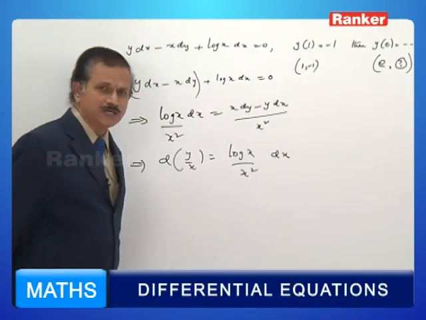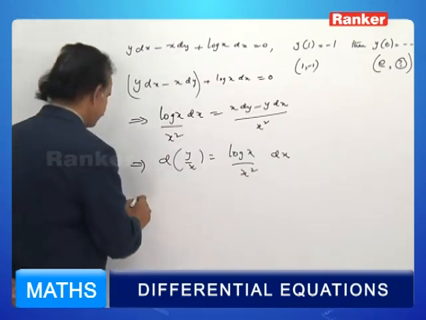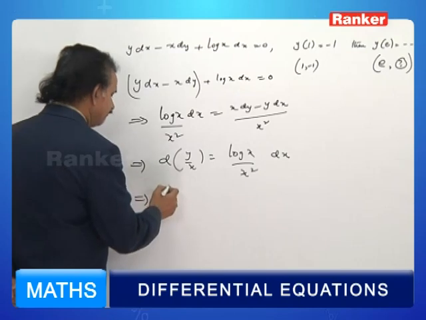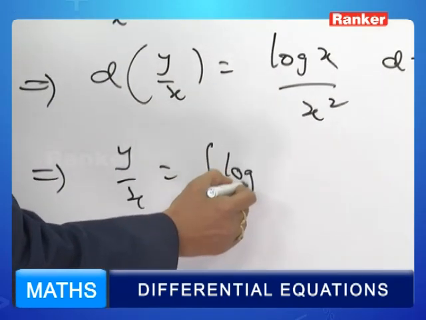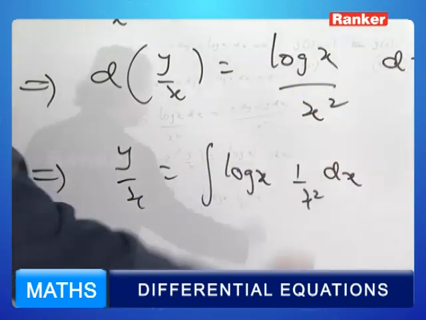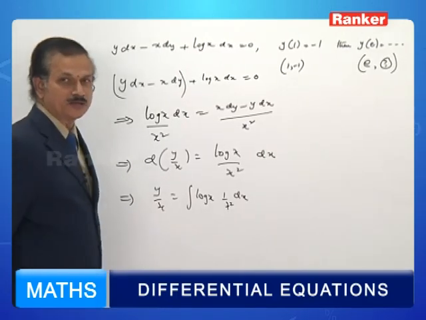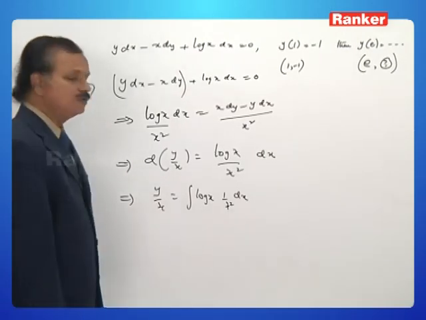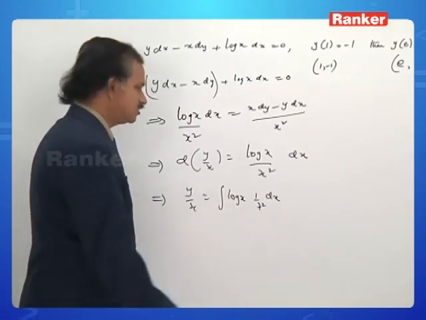Now, let us try to get it integrated. How to get it? This implies y by x is equal to the integral of log x into 1 by x square dx. Of course, you may have to use integration by parts. Let us use it.